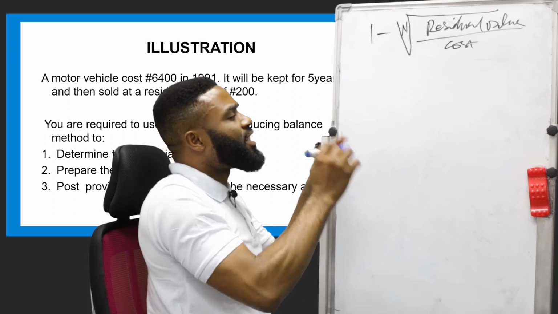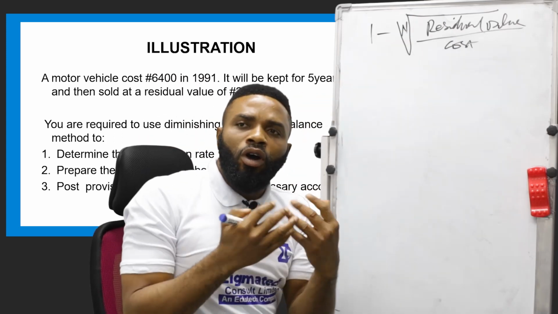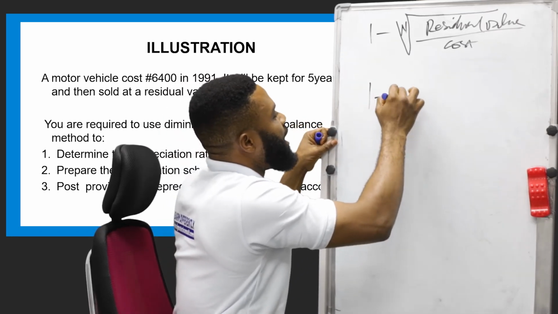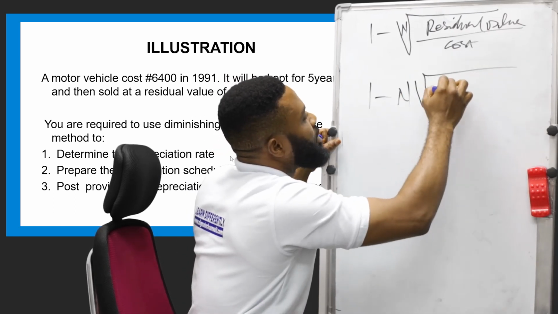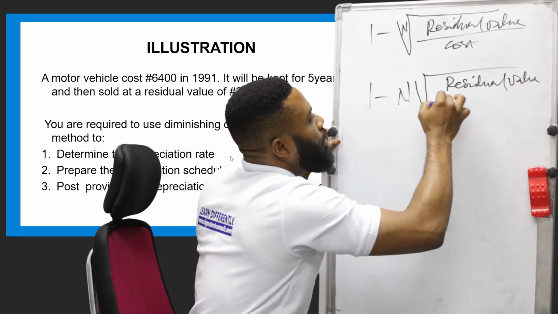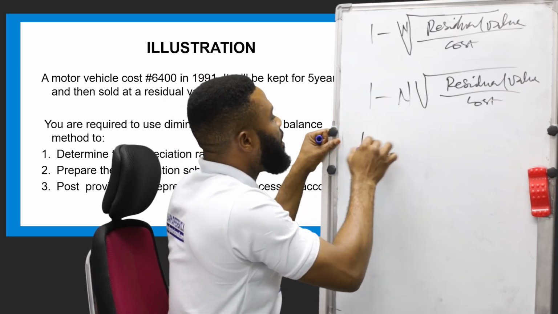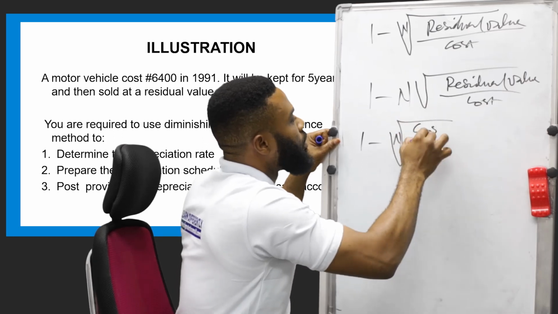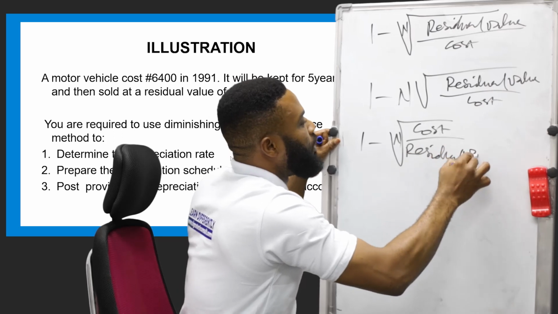All right, let me correct this impression, because most times you can see this formula in the form of objective questions. Sometimes the examiner can write 1 minus n root residual value all over cost as option A. Some other time you can see 1 minus n root cost all over residual value.